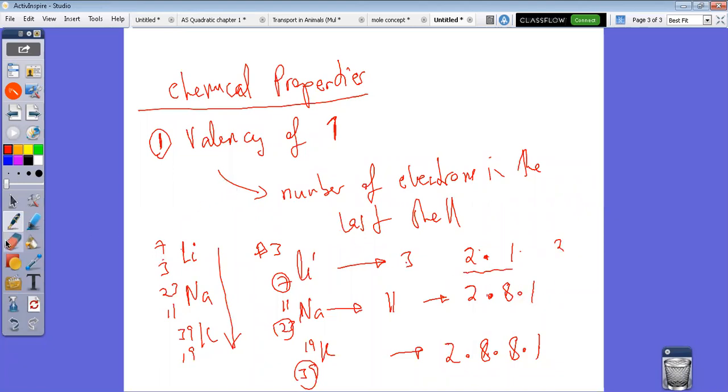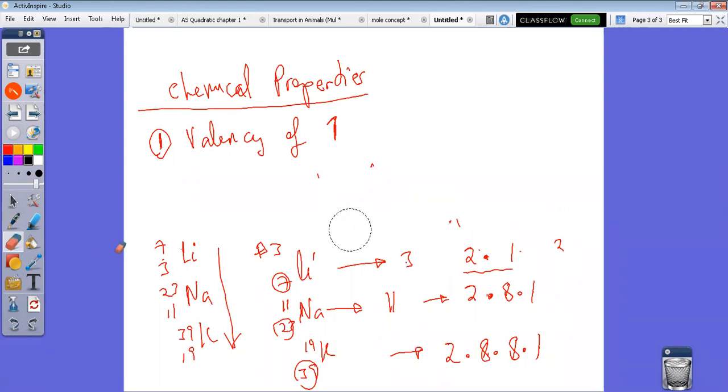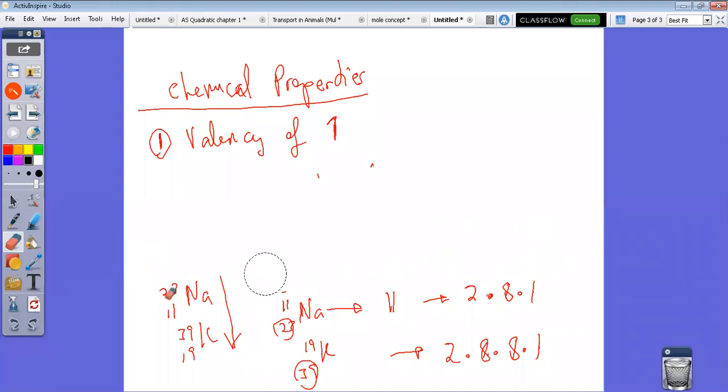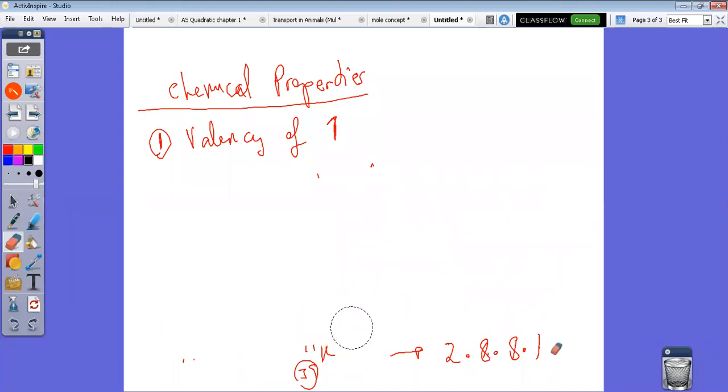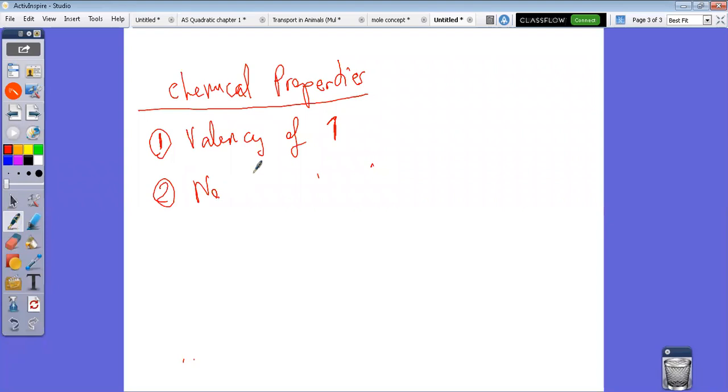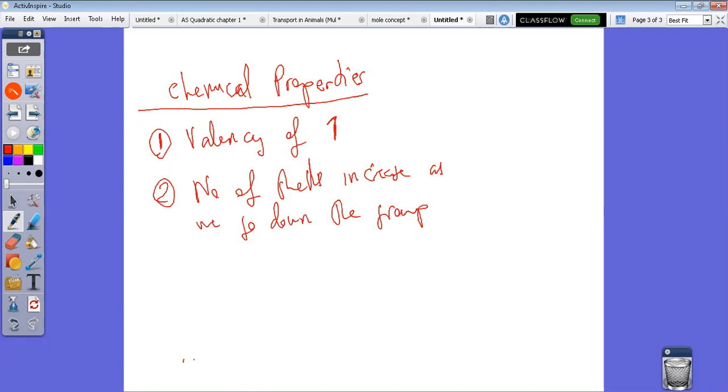So you can write the next property: the number of shells increase as we go down the group. Clear?